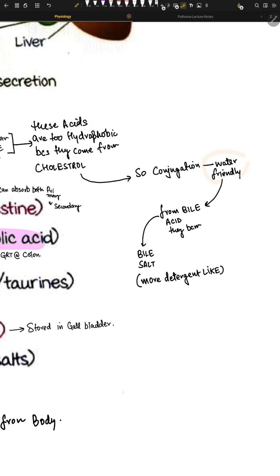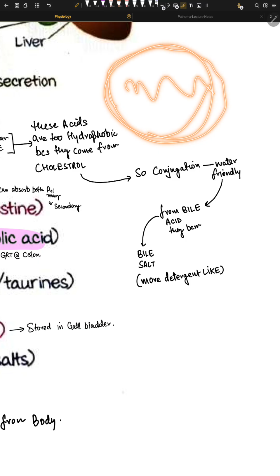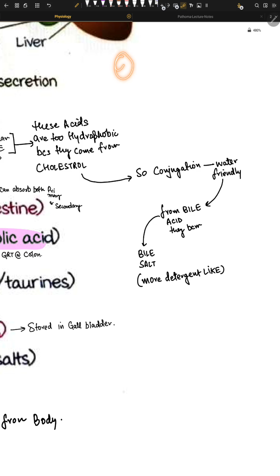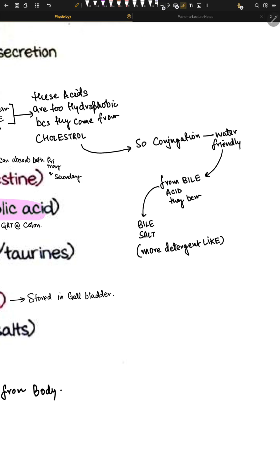And now we can safely put them in this aqueous mixture called bile, which is usually 97% aqueous. So we want these acids to be hydrophilic, aqueous living. They can be bound with water. So that's why conjugation is done. That's how they become water family. From hydrophobic they become hydrophilic, and now they are in this bile.